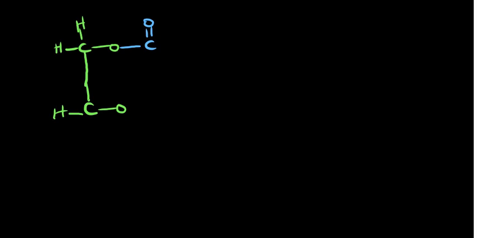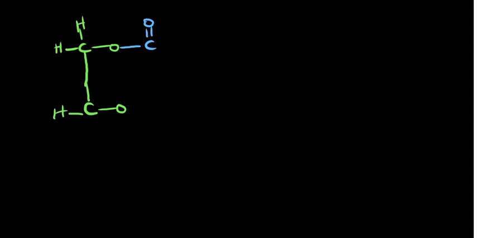So the structure will be like this. Then we have the tail here. 1, 2, 3, 4, 5, 6, 7, 8, 9, 10, 11, 12, 13, 14, 15, 16, 17.